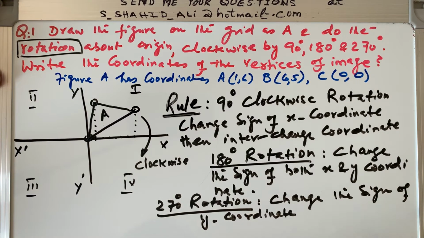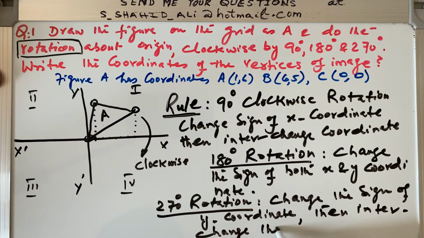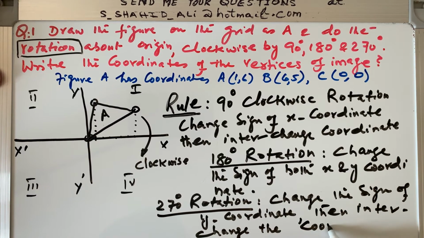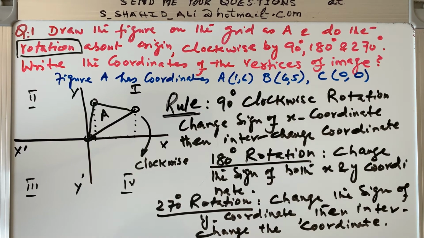Then interchange the coordinates, like make x the y and y the x. So these are simple thumb rules to rotate any shape or any figure given, right? In 90 degree, 180 degree and 270 degree clockwise.